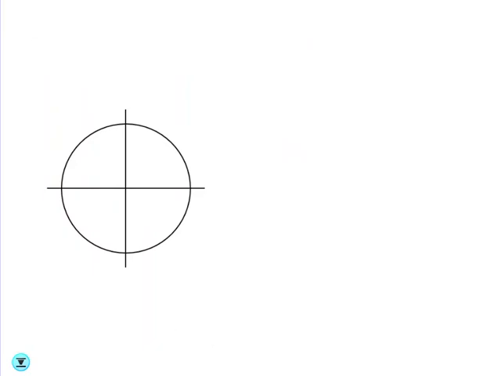First, let's go back to the unit circle. Let's look at these angles. We know that the coordinate for 0 and 2 pi is 1, 0.